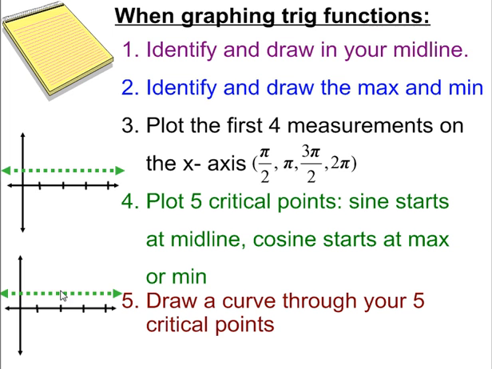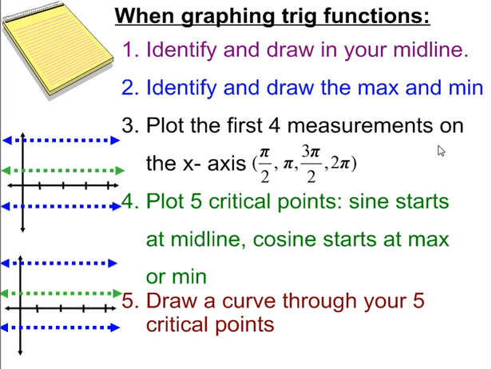Like so. The second step you're going to do is identify and draw the maximum and minimum. And then you need to plot the first 4 measurements on the x-axis. Pi over 2, pi, 3 pi over 2, and 2 pi.